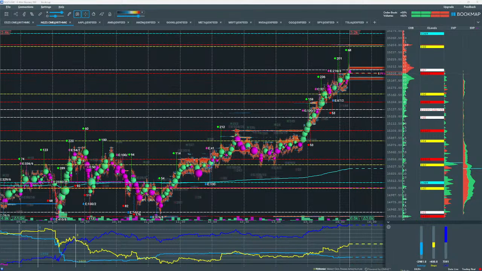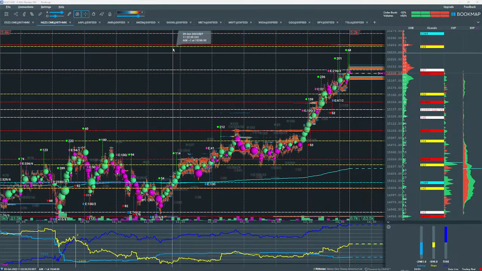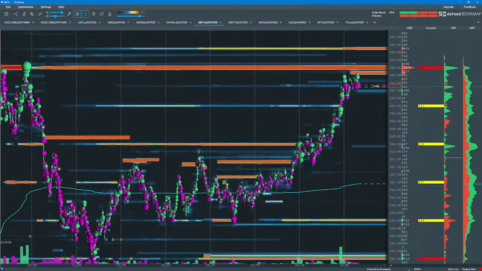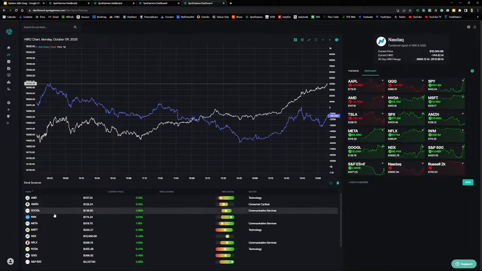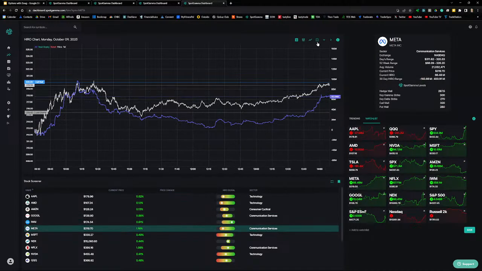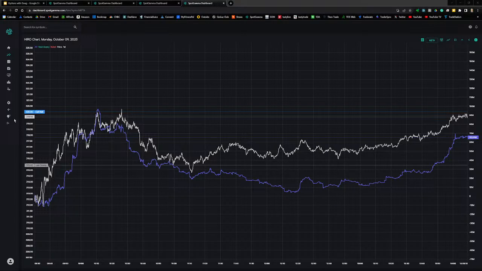All right, let's take a look at some stocks. I'm going to start with Meta. All right, so the thing to note here is here's the 320 call wall, the strike that is expected to act as resistance.